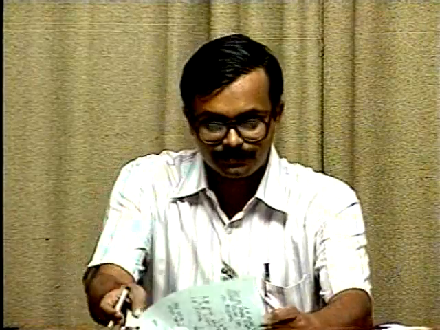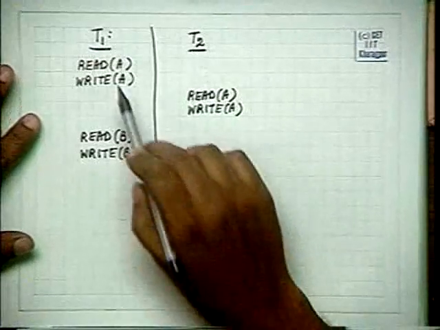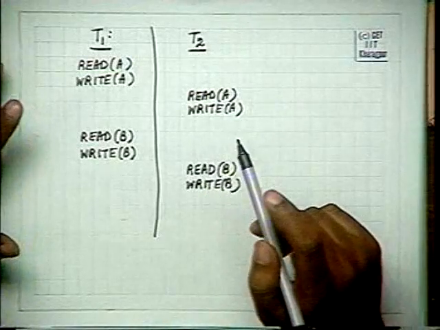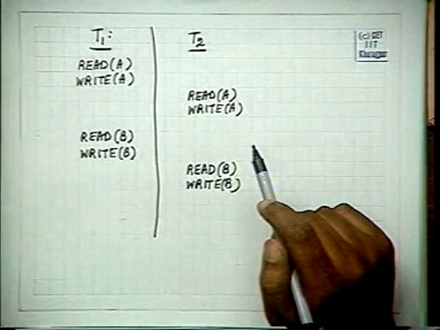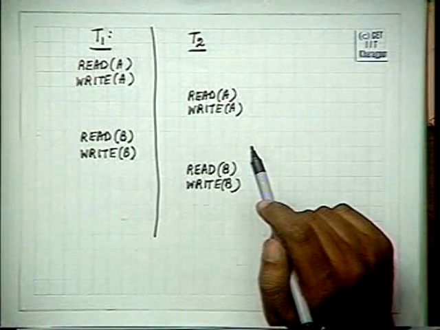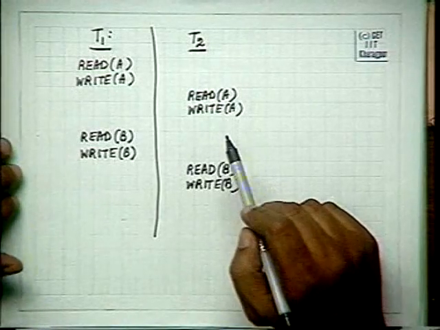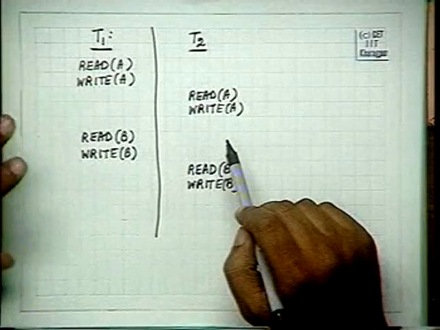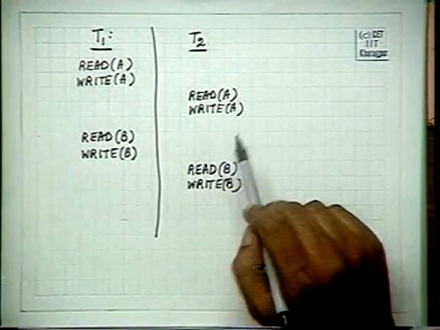For example, in this example, we don't want to run a serial schedule. That we could do without any concurrency control mechanism. We would say run them sequentially one after another, but that's not what we want. We want to run them concurrently so that the throughput is higher, but we want to ensure that the result is equivalent to a serial schedule so that it does not become inconsistent.